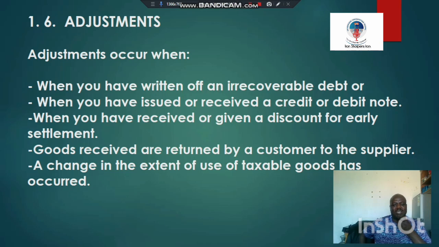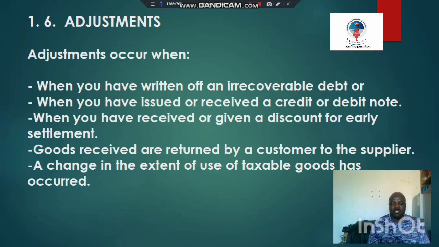And the best way to explain this, I have said businesses buy products and services from other businesses for the purpose of running a business, not for the purpose of consuming those products. That's why you have this line, changing the extent of use on your VAT form.